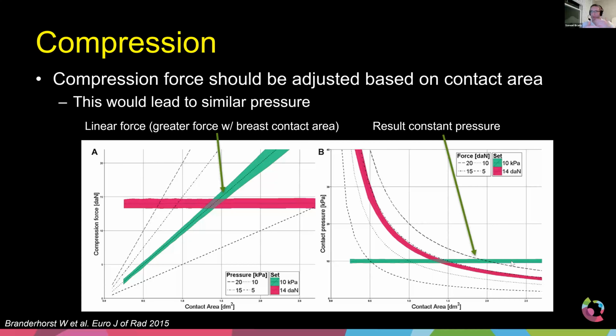This is a work in progress. The systems are getting better at being able to do this, where it can make a general estimate based on the area as it's pressing down and the overall glandularity or elasticity of the breast. There's an algorithm in the system that would then be able to decide which force to use.